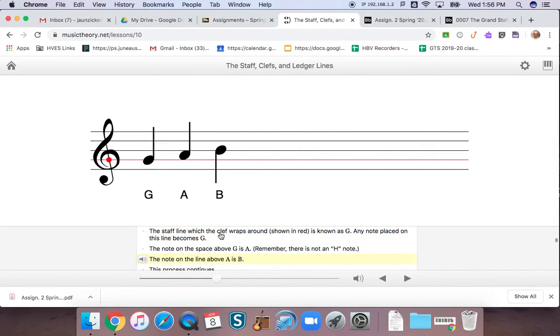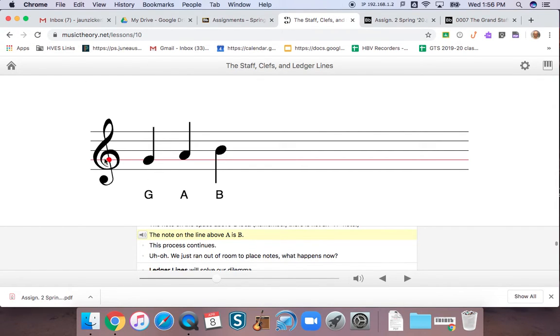That's the idea here. So here's all my notes, right? Or if I need to go lower, I just count backwards from G to find another note.